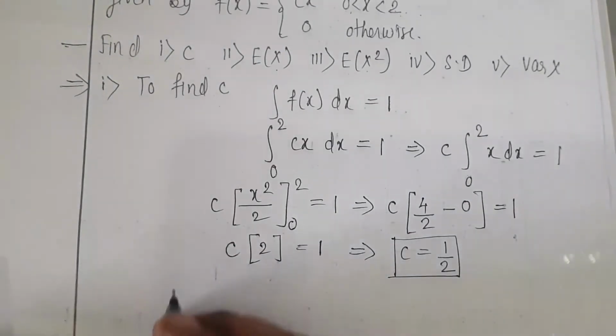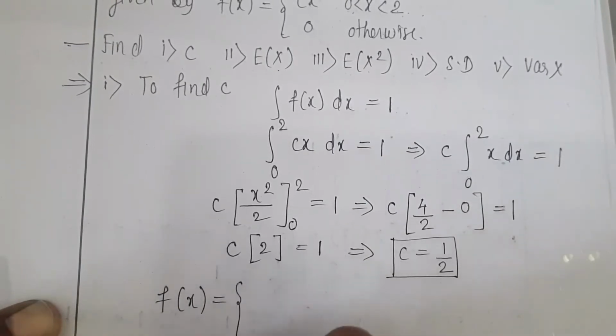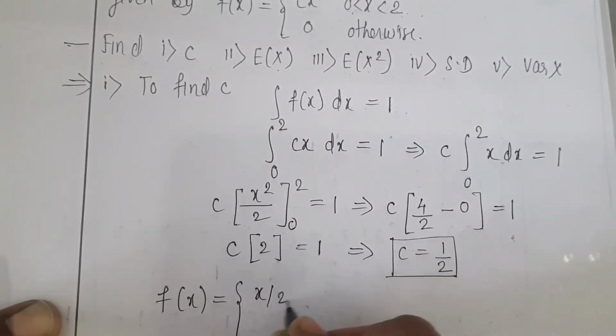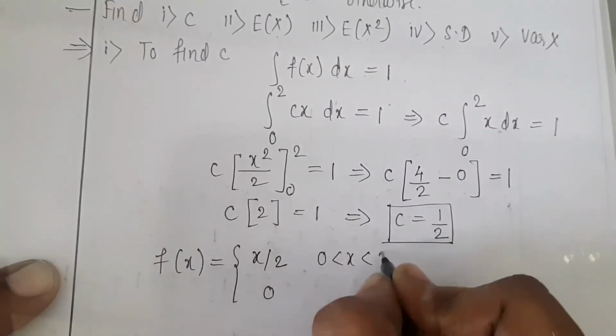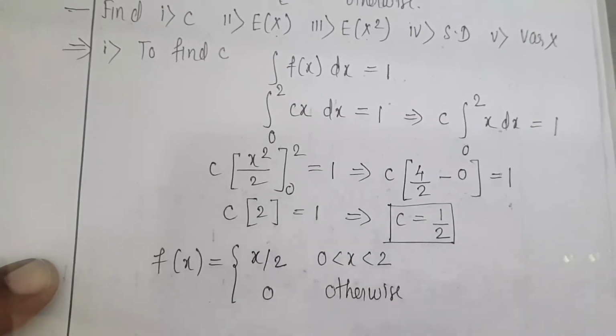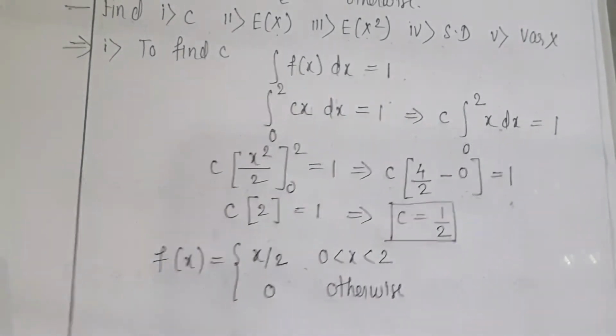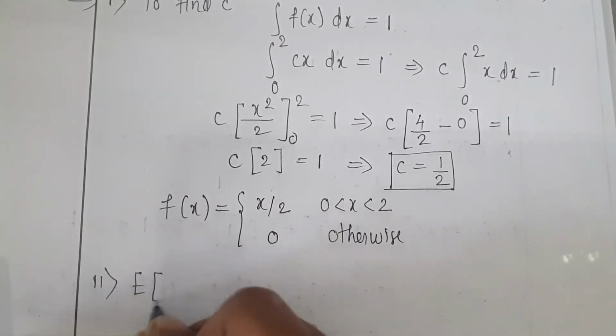Now what is our function? Substituting the value of c, the function becomes f of x equals x by 2 for the range 0 less than x less than 2, and 0 otherwise, for all other intervals. Next, the second part, we want the expectation of x.